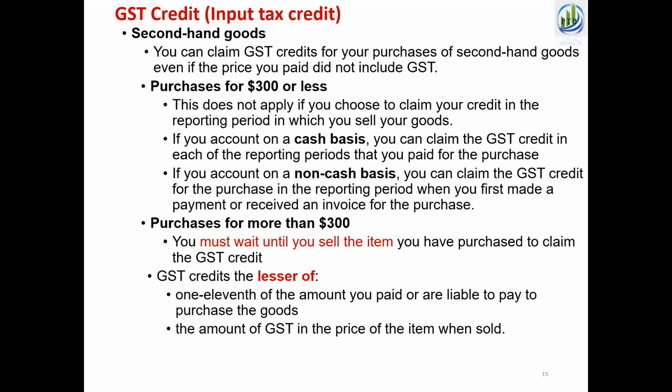However, for second-hand goods you purchase from a GST registered dealer or a GST registered business, you do not need to apply this rule. This rule is only applicable when you purchase the item from a normal member of the public who does not run a business, who is not GST registered or ABN registered.